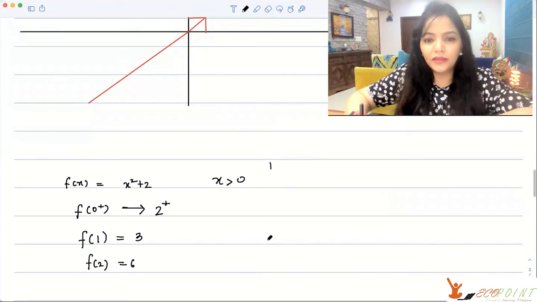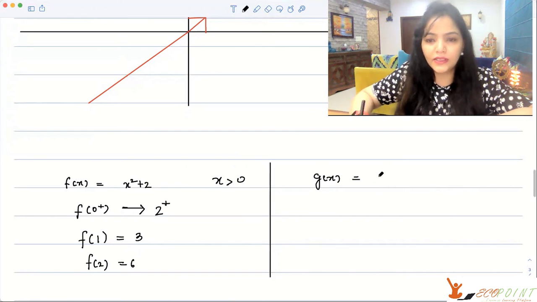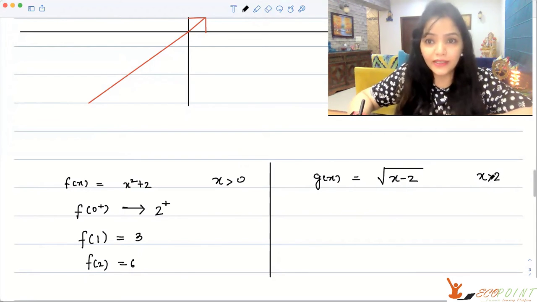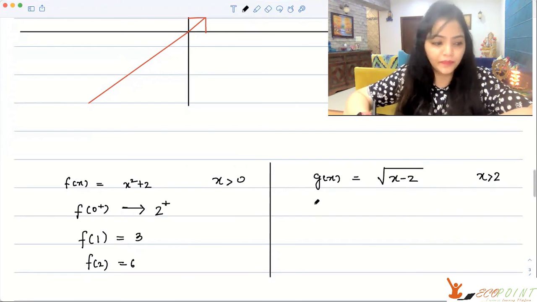Now similarly, if we talk about g here, so g(x) is square root of x minus 2, where again x is greater than 2. That is why this is a valid function, right?